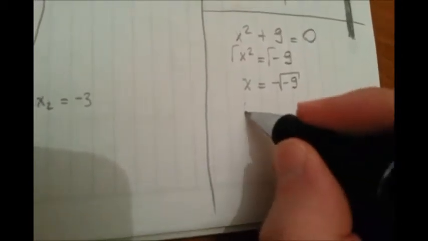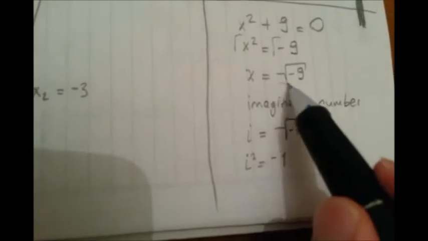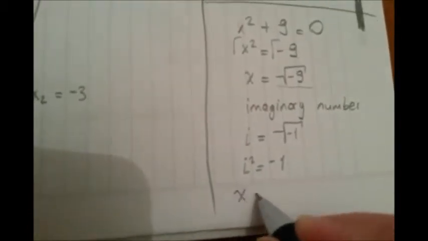We define an imaginary number. We call this number i. i equals the square root of minus 1. And if we square it, we get minus 1. And here we put it in x like this.